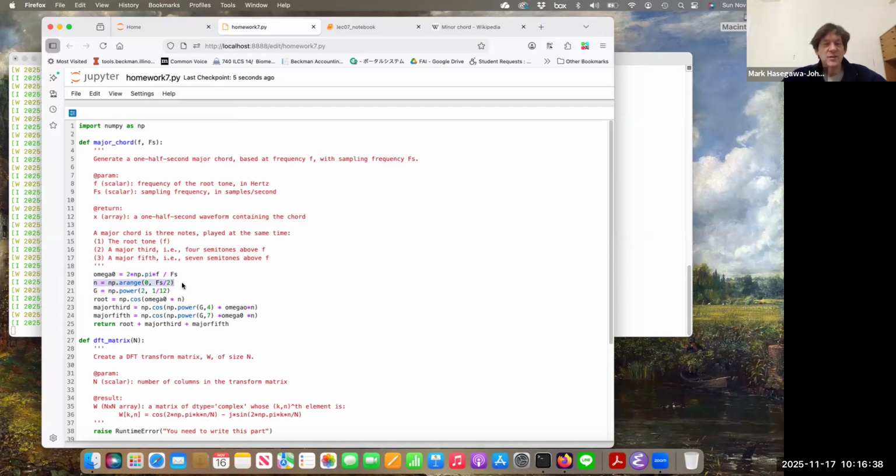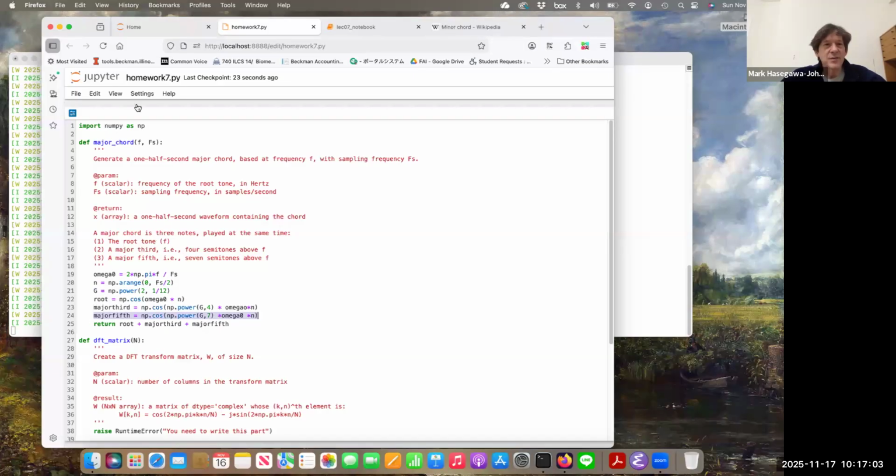The n-axis goes from 0 to 1/2 second. G, the scaling factor that scales semitones, is 2 to the 1/12th power. The root tone is the cosine of omega naught n. The major third is the cosine of g to the fourth times omega naught n. The major fifth is the cosine of g to the seventh times omega naught n.